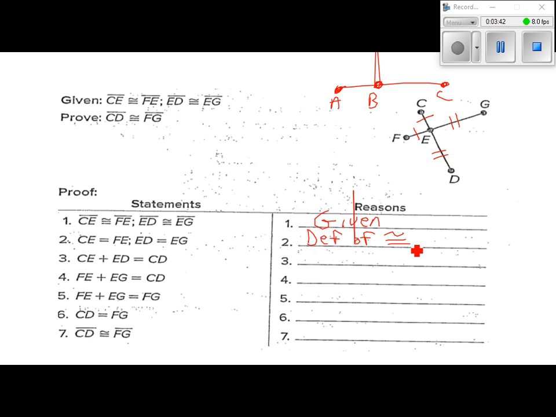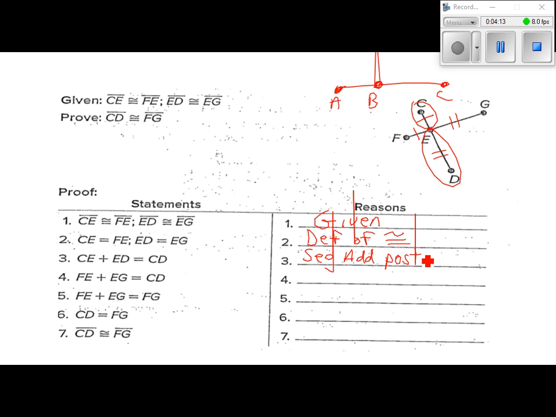What did they do on this one? Segment CE plus segment ED equals segment CD. Segment addition postulate. They added this segment plus this segment to get the whole thing. Same thing for the next one. Let's look at this next one.